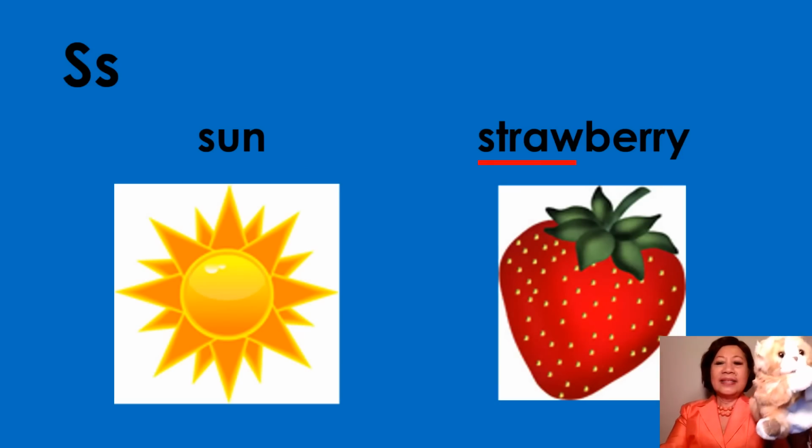S. S says S as in sun. The sun is the star at the center of the solar system. S. S says S as in strawberry. A strawberry is a sweet, juicy fruit that grows on vines.